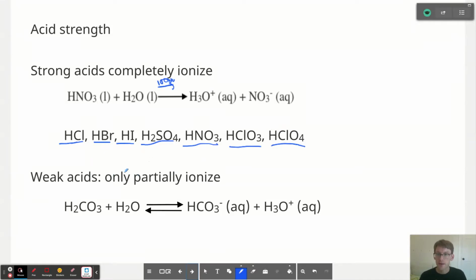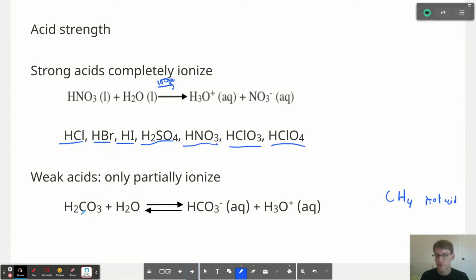So weak acids only partially ionize, and they're basically everything that is not listed up here. So any acid, and remember an acid has to have an H coming out in front. So for example, CH4 is not an acid. However, anything else pretty much that has an H that's coming out in front, you should consider as an acid or potentially an acid.